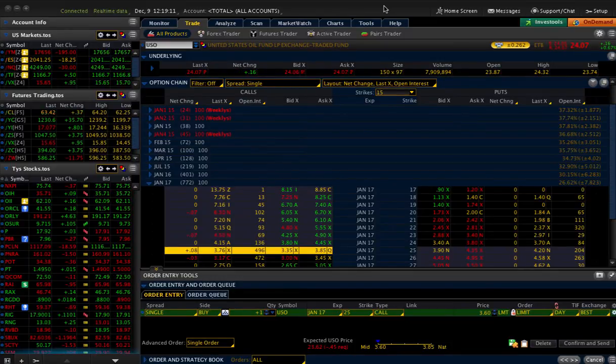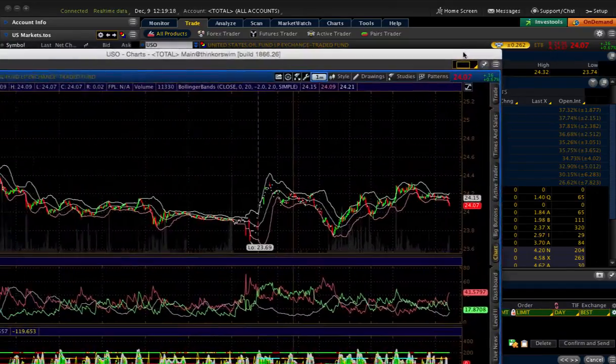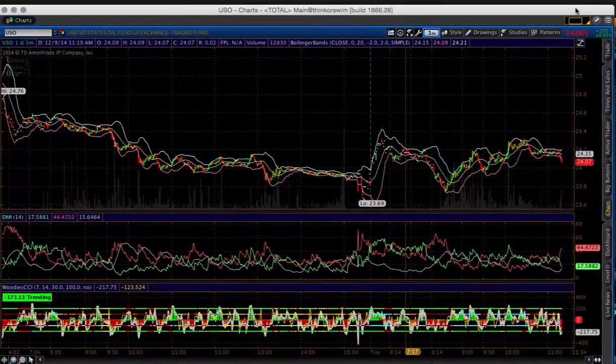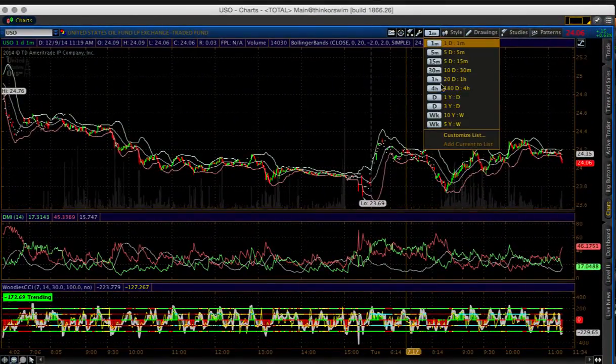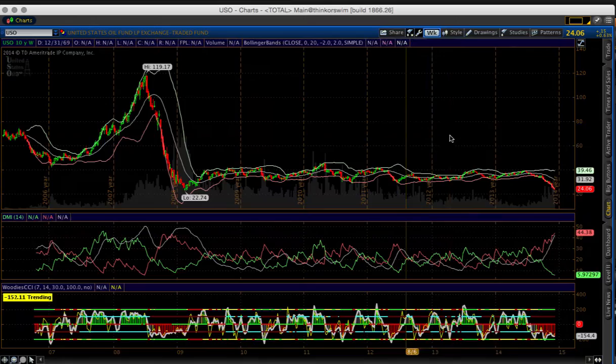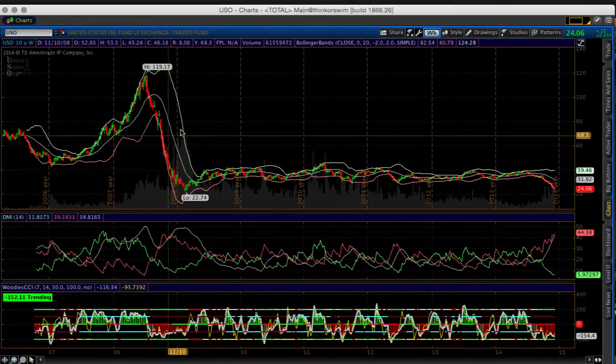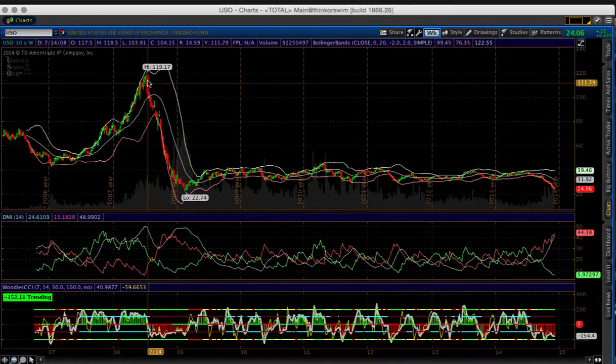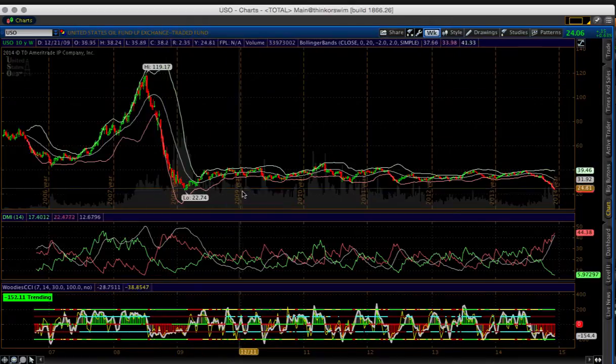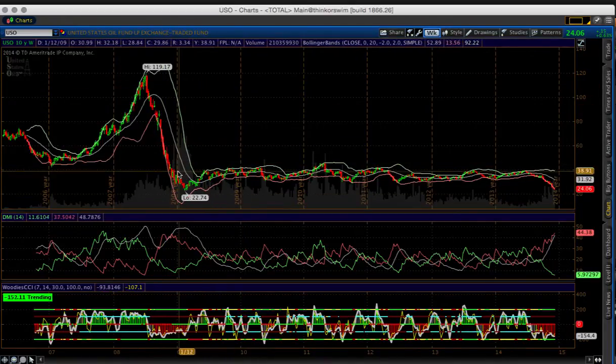I understand how the markets work, and I understand that when you have such a rapid sell-off like we've seen in the USO, that we haven't really seen in years, except of course in 2008 when we collapsed with the credit crisis, we are hitting that low very soon.